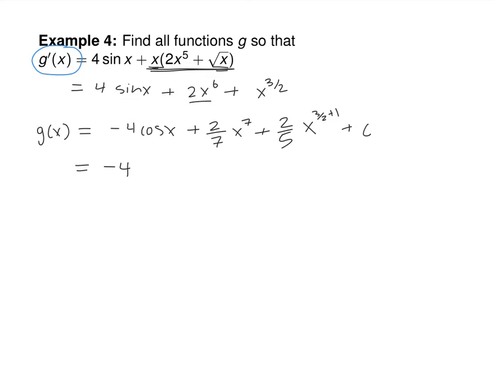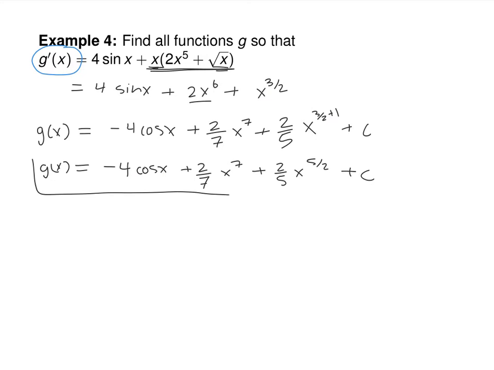So negative 4 cosine x plus 2/7 x to the 7th plus 2/5 x to the 5 halves plus c. On these, you never ever have to find common denominators because the plus c messes everything up. So no need to do any kind of simplifying here.